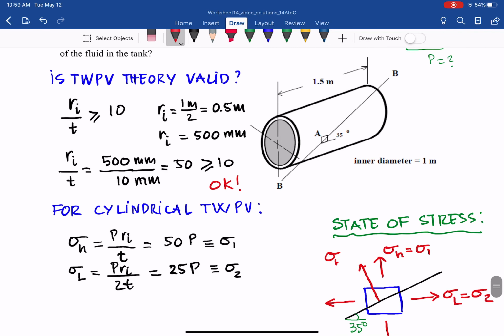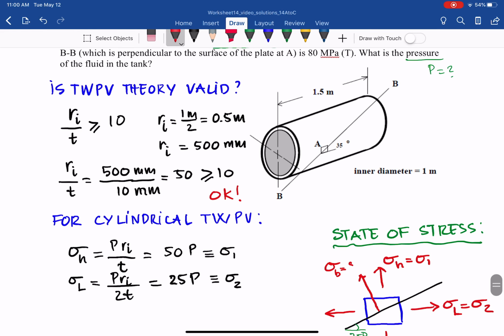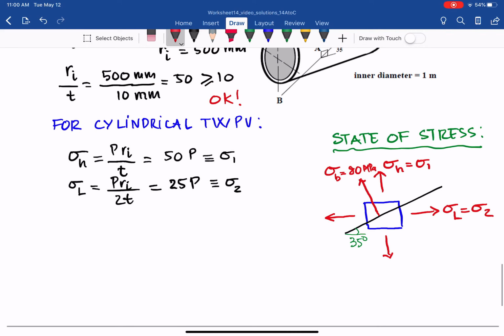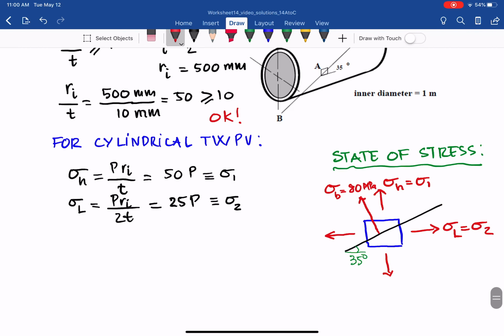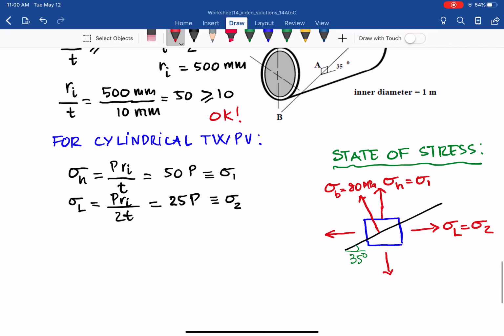So sigma B in this case equals 80 megapascal in tension. So that's why I put 80 megapascal.